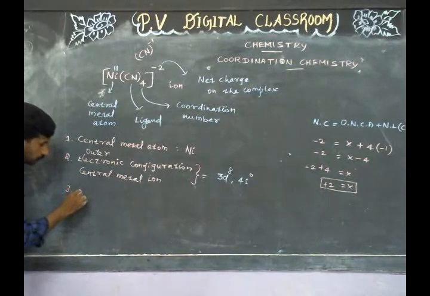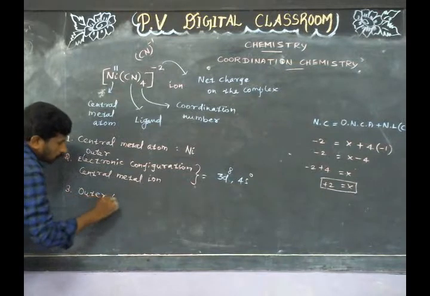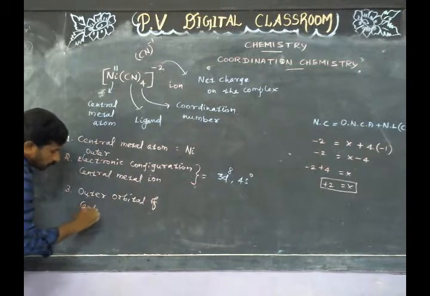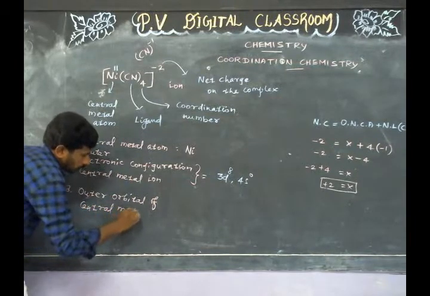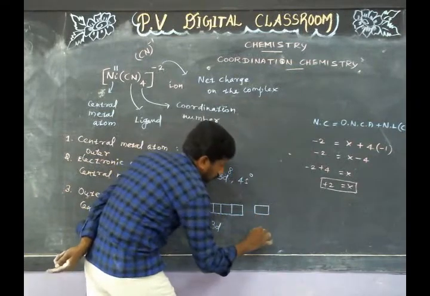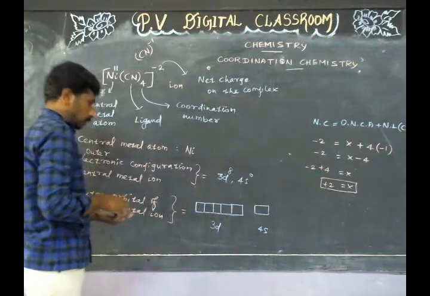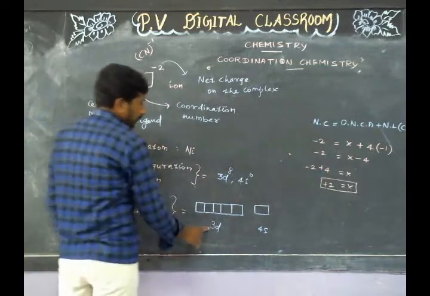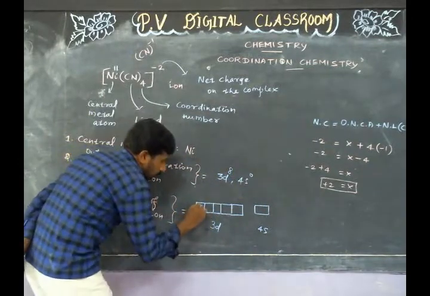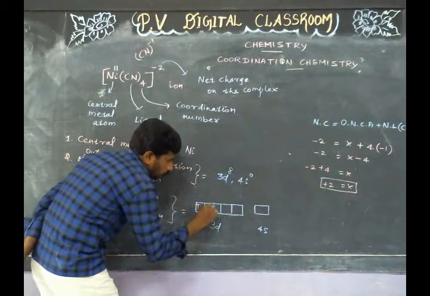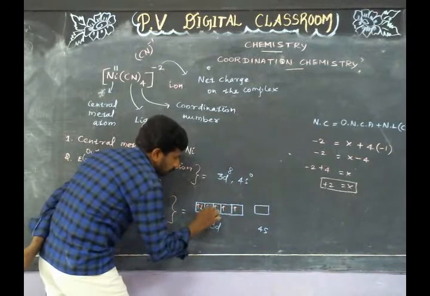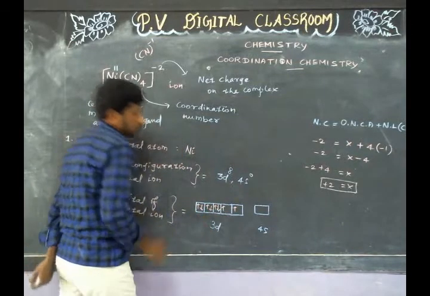Third one, outer orbitals of the central metal ion, 3d and 4s. The 3d orbital of the Ni2+ ion has 8 electrons: 1, 2, 3, 4, 5, 6, 7, 8.